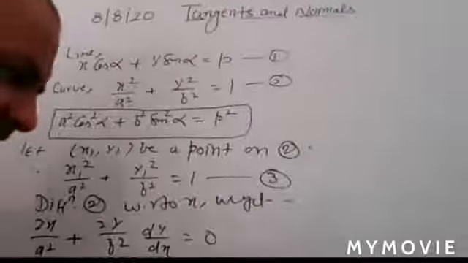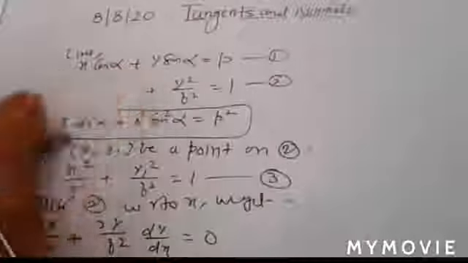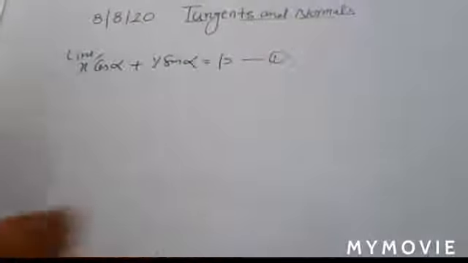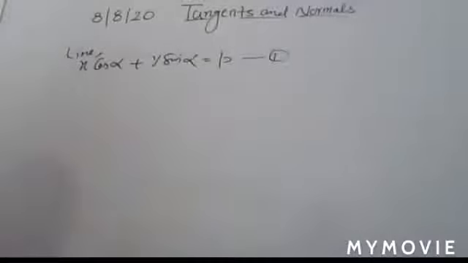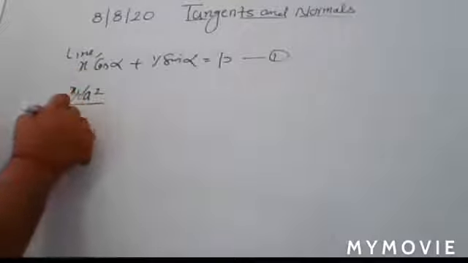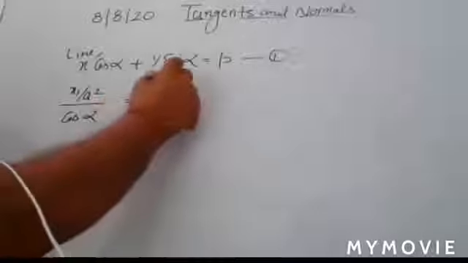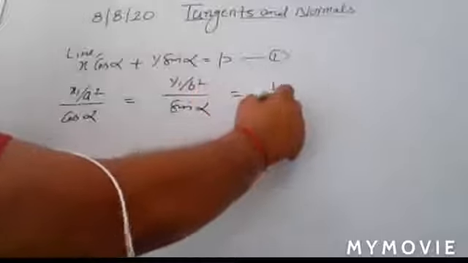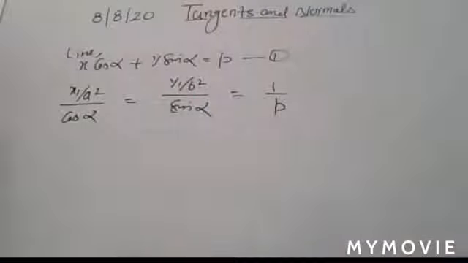Since 1 and 4 represent the same line, hence, equating the coefficients, you have x1 upon a square upon cos alpha is equal to y1 upon b square upon sin alpha is equal to 1 upon p. Yes, here you are applying the condition for infinitely many solutions: a1 upon a2 is equal to b1 upon b2 is equal to c1 upon c2, meaning they are all in the same proportion.